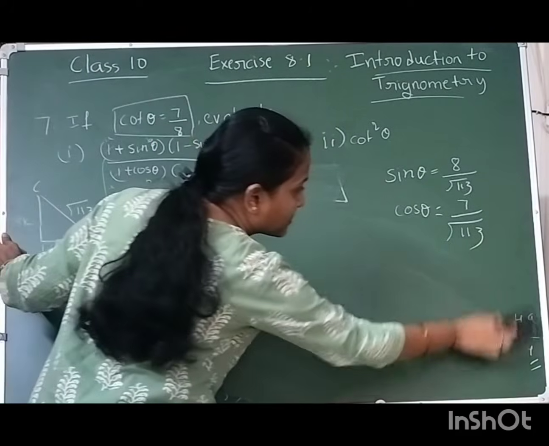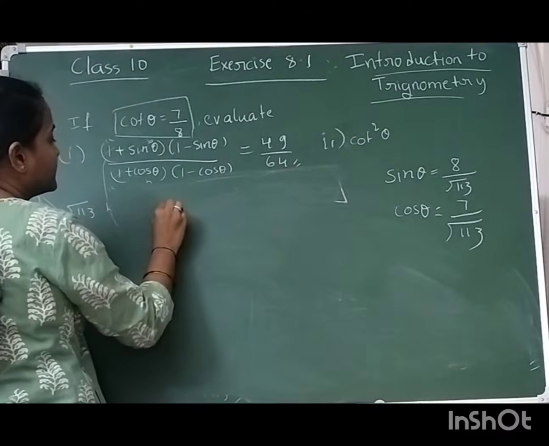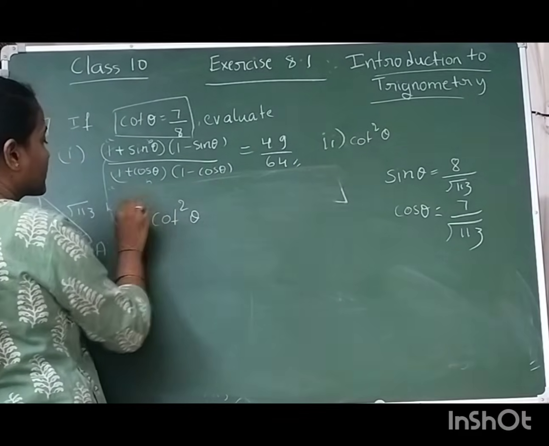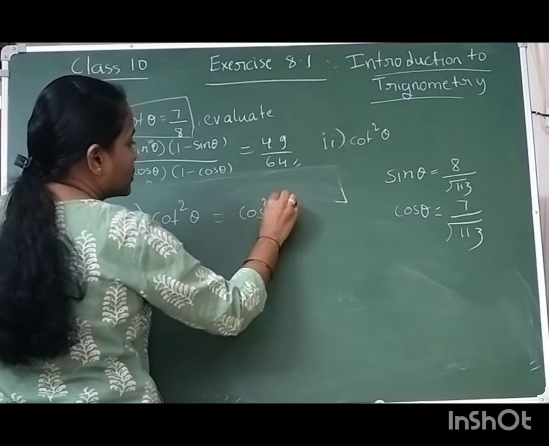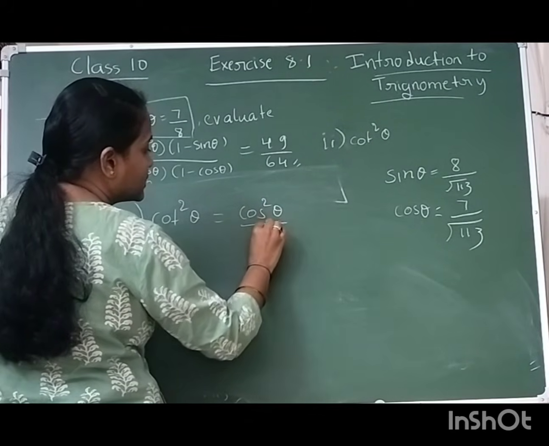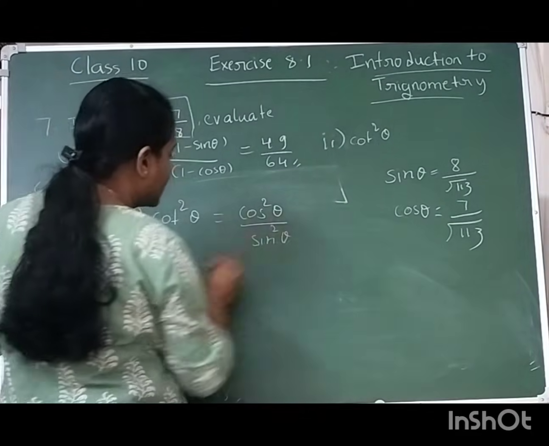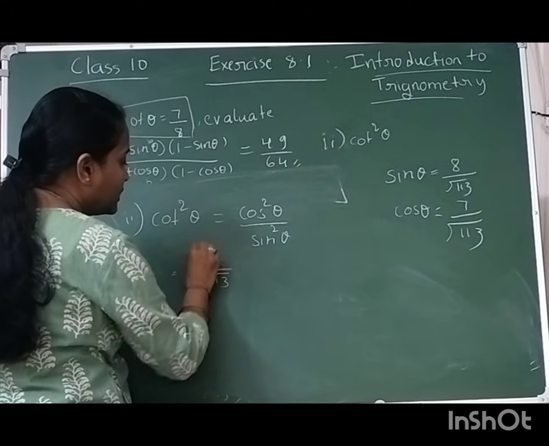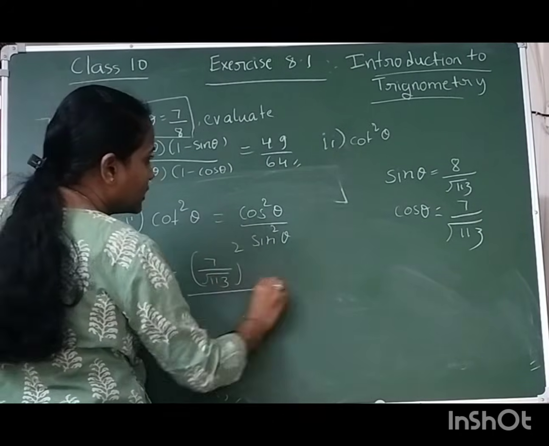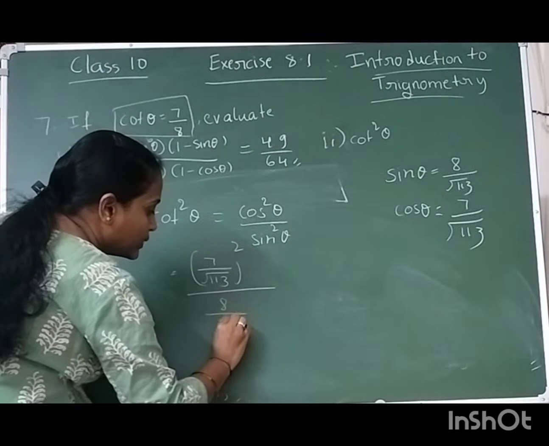So let's find out the second one, that is cot square theta. Cot square theta, we know it's a ratio of cos theta and sin theta. So it will become cos square theta divided by sin square theta. We already know the value of cos theta and sin theta. So cos square theta will become 7 by root 113 whole square and sin square theta will become 8 by root 113 whole square.